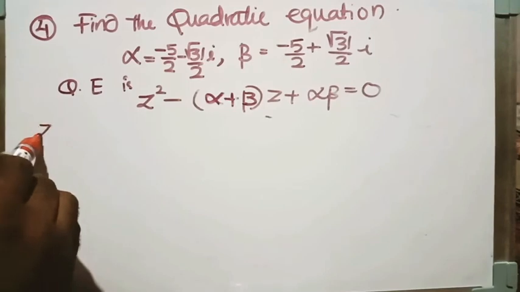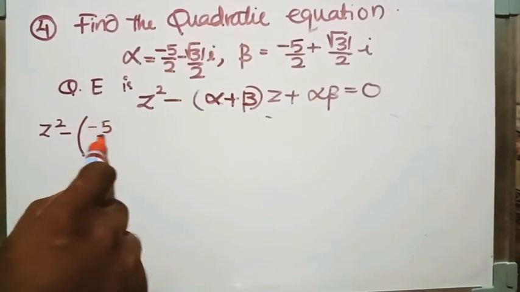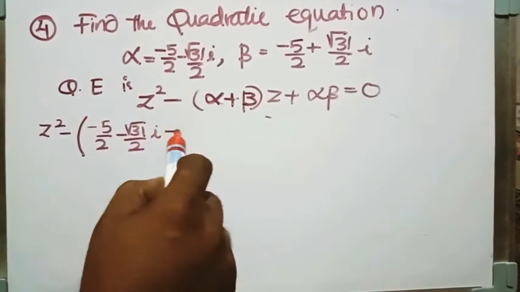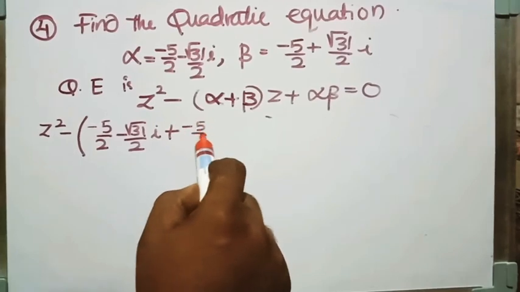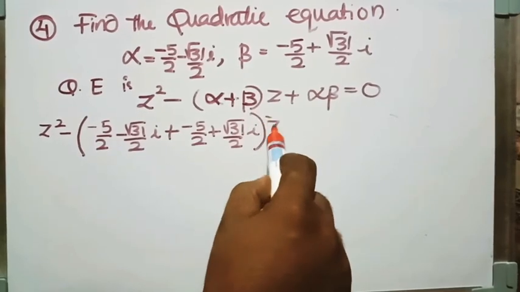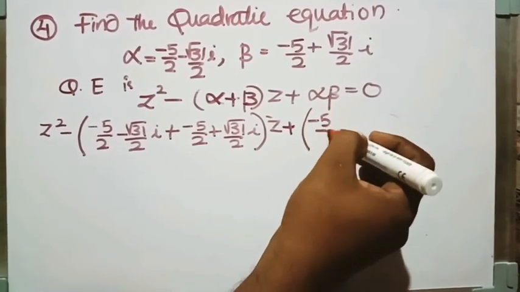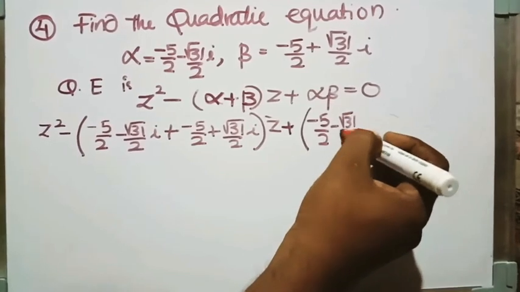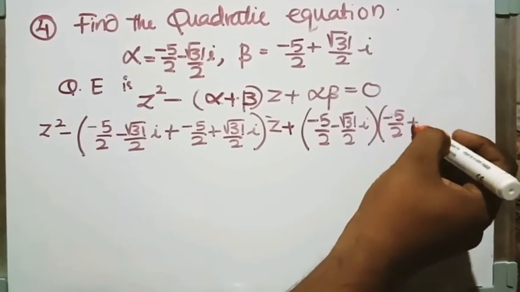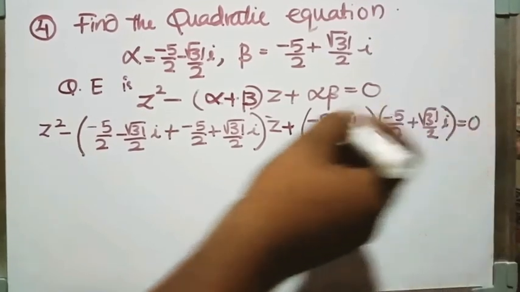We get z squared minus (alpha, which is minus 5 by 2 minus root 31 by 2 i, plus beta, which is minus 5 by 2 plus root 31 by 2 i) of z, plus alpha into beta, that is (minus 5 by 2 minus root 31 by 2 i) into (minus 5 by 2 plus root 31 by 2 i), is equal to 0.